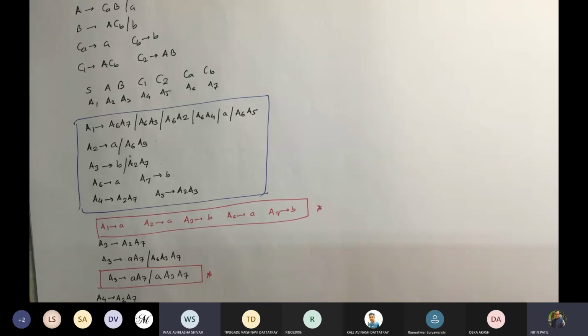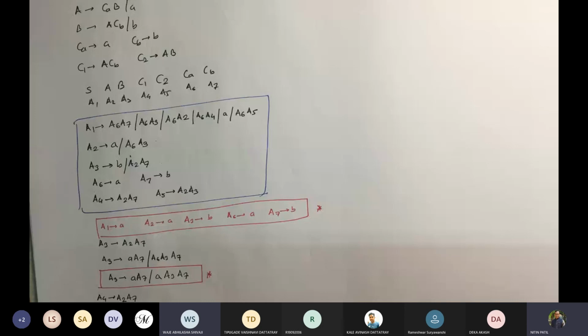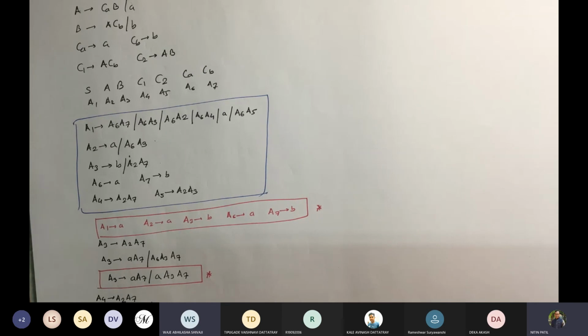A2 के कितने वैल्यूज है आपके पास? 2. कौन कौन से थे? A और A6 A3, वो लिख देते हैं यहाँ पर। तो क्या आएगा हमारे पास? A4 gives, A2 के वैल्यूज डालते हैं यहाँ पर, A7, करेक्ट?